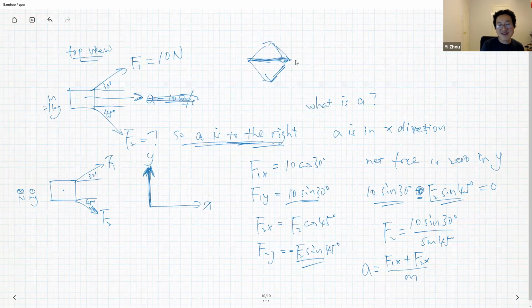It's doable, I think, but this is more convenient. We always try to turn the 2D or 3D vector operations into 1D problems, okay?